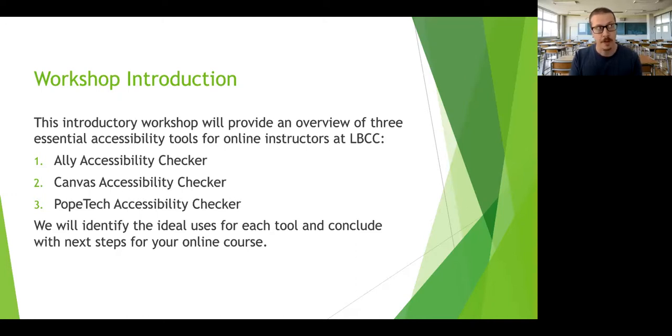Each one has ideal applications depending on what you're trying to do. So over the next few minutes, I'm going to identify and describe what each one is best suited for and do a demonstration of how you can utilize each of them within your online class.